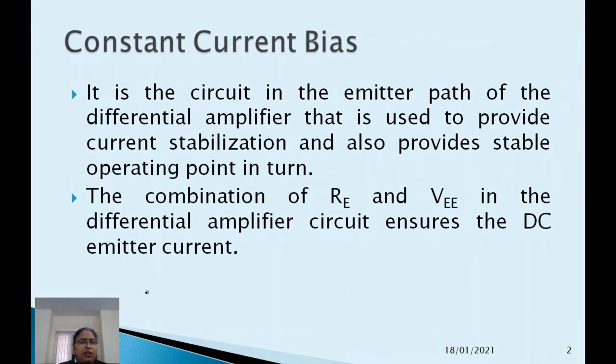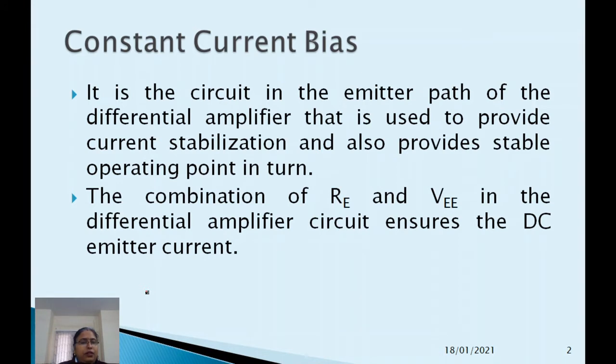If there is any change in the characteristics of the transistors Q1 and Q2 used in the differential amplifier, the operating point should not change. This constant current bias circuit takes care of that.